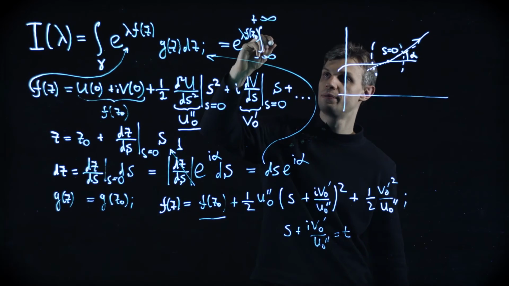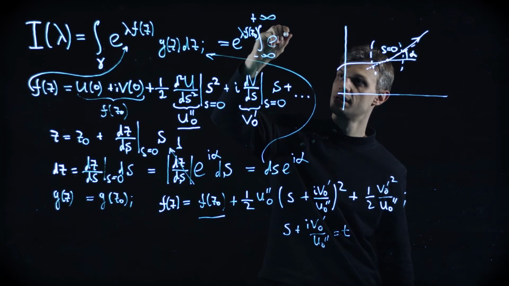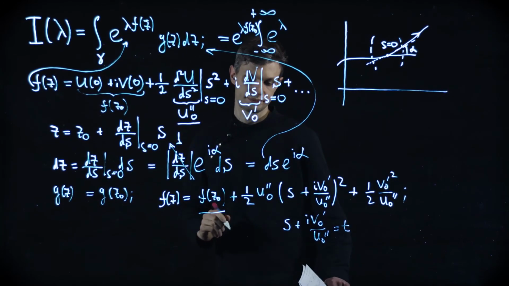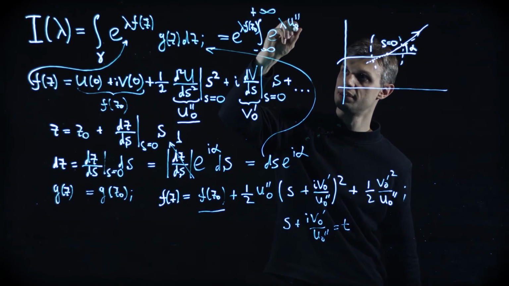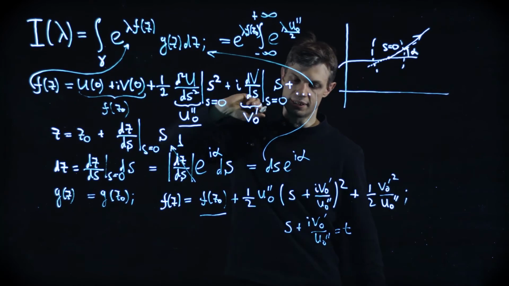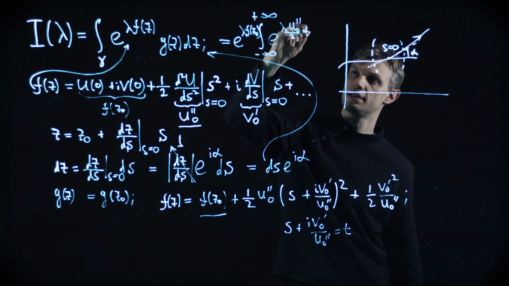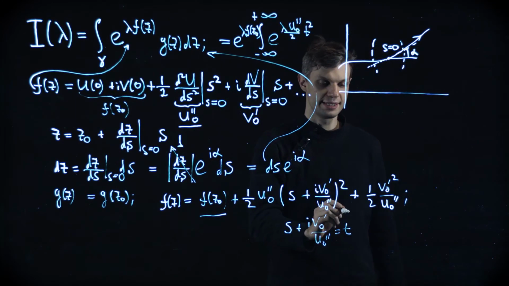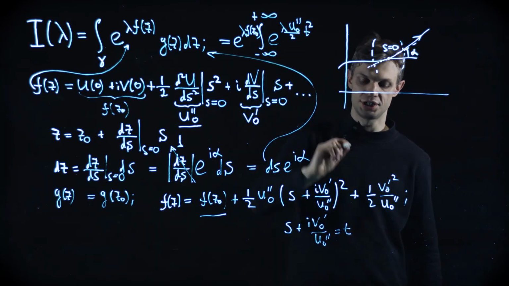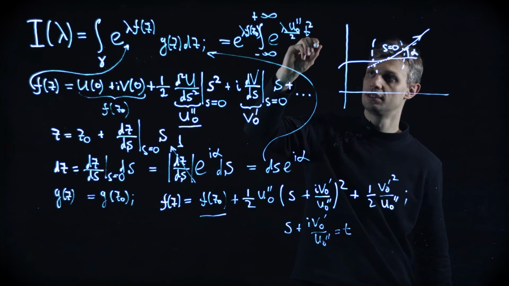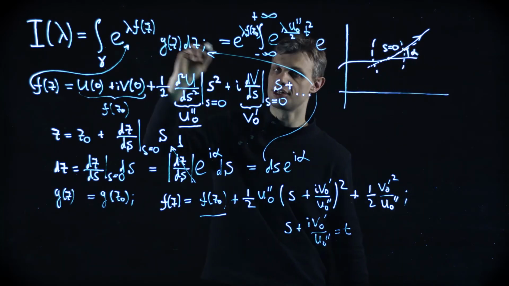And here we simply have e to lambda u prime prime naught divided by 2 t squared, and times this additional factor, which comes from the imaginary part of our initial function f of z.